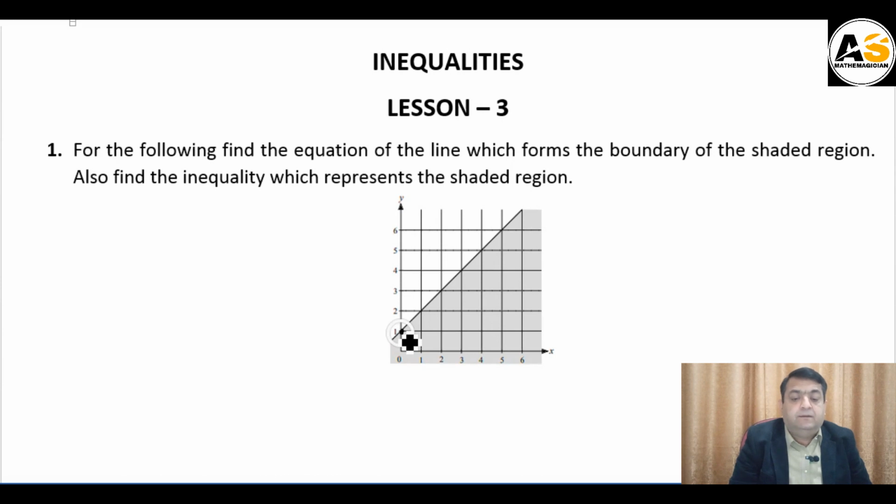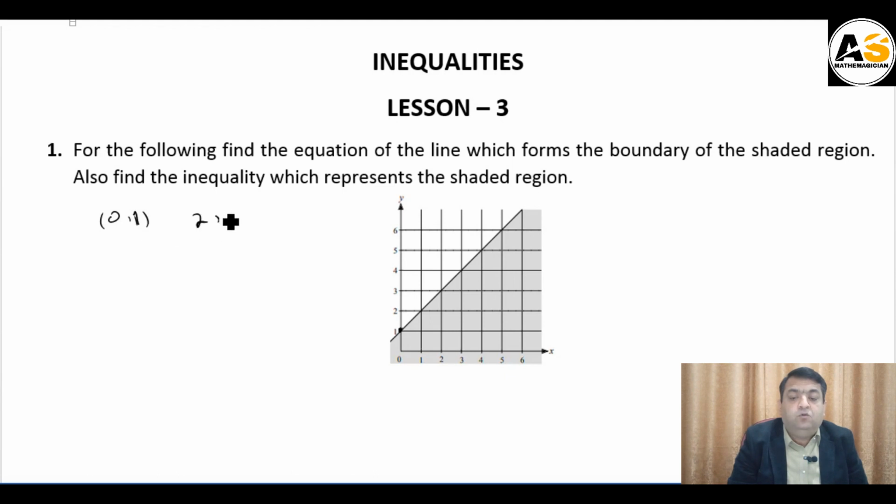This is one point, which is the y-intercept. What are the coordinates of this point? 0, 1. And the coordinates of this one are 2, 3. So one point is 0, 1 and the other point is 2, 3.